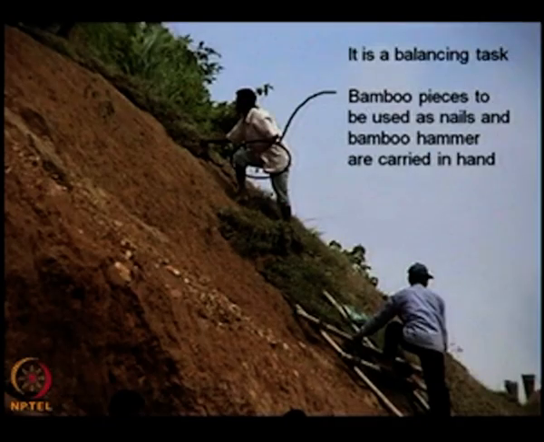Now, if we see from close up, he is placing the lump of grass on this hilltop, and the bamboo pieces to be used to nail and the bamboo hammer are carried in hand. So, both hands are used.